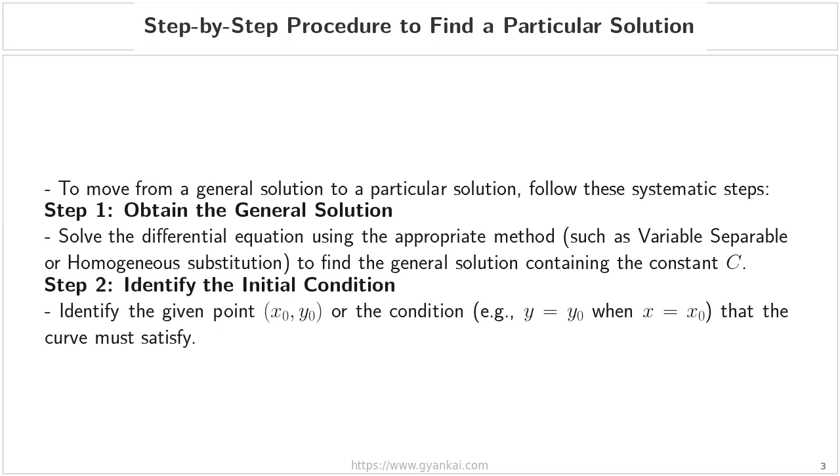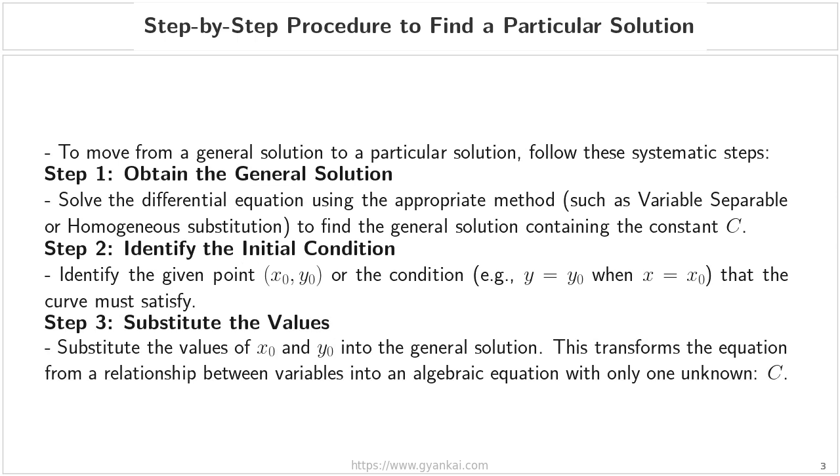Step 2. Once you have that general equation, your next task is to identify the initial condition. Look closely at the problem statement for a given point, which we can call (x0, y0), or a specific condition, such as saying y equals y0 when x equals x0. This is the anchor that tells us which specific curve we are interested in. Step 3.